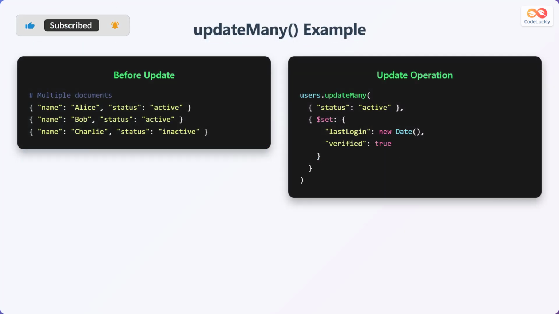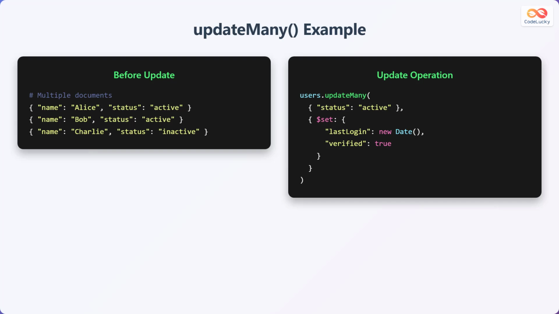Before the update, imagine we have multiple documents in our users collection. One document has name Alice and status active, another has name Bob and status active, and a third has name Charlie and status inactive. To update all active users, we use the updateMany method with the following syntax.